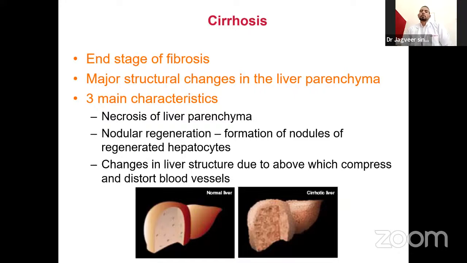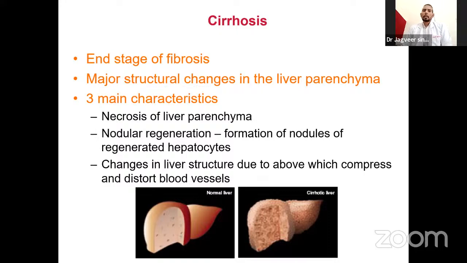So, cirrhosis. This is the end stage of fibrosis, or the end stage of any disease which we have discussed. Whether the disease originates from hepatocytes or non-hepatocytes, if not treated it can eventually cause cirrhosis. In cirrhosis, there is architectural disturbance or disorganization in the hepatic parenchyma.